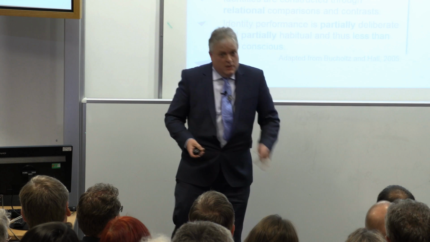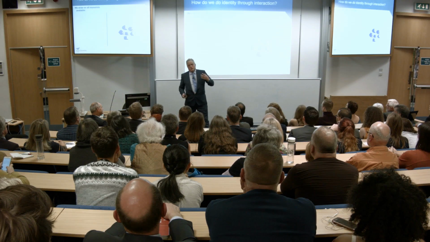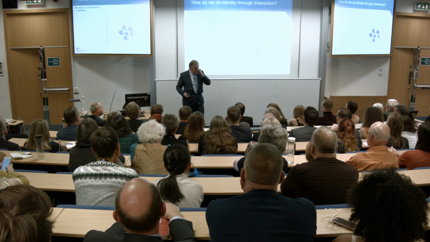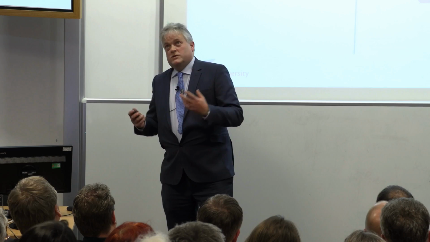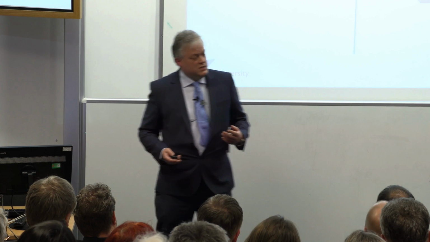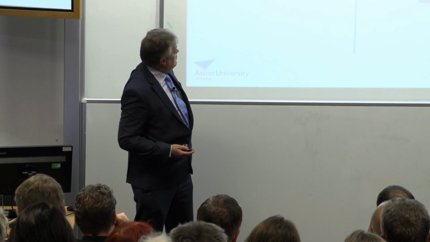So, how do we do the identity performance? I think the way to understand identity performance is that we have a set of resources that we draw on to perform interactions in certain contexts. And so we can ask, can we enumerate those resources? What are these resources that we draw on?